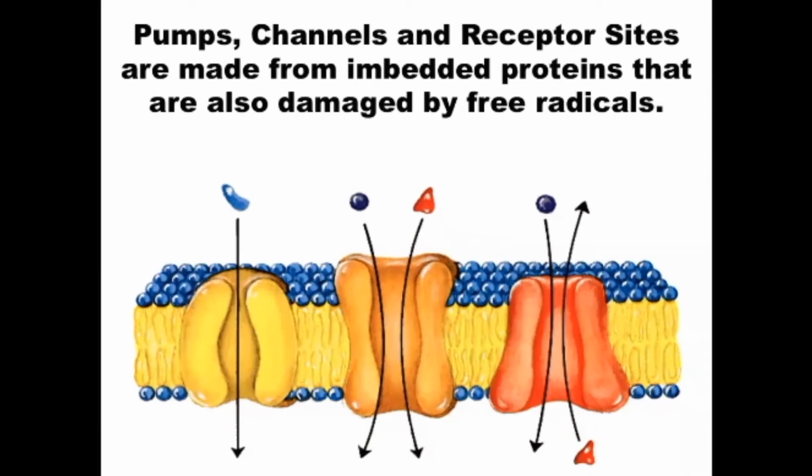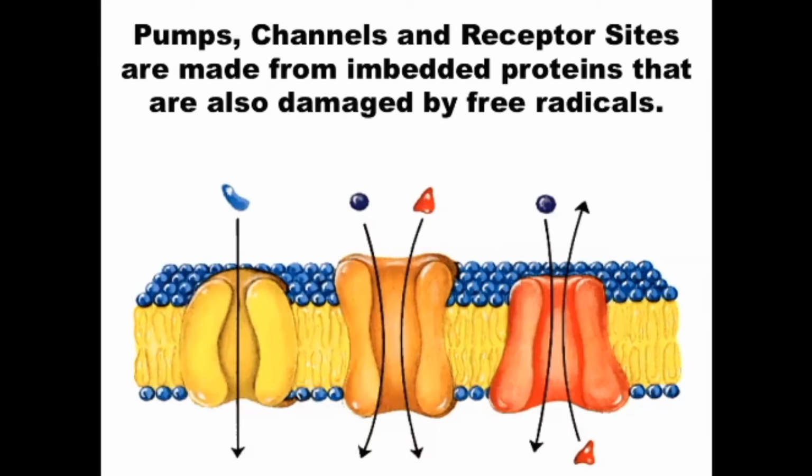And that's very important to understand, because all of these pumps and channels, and particularly the receptor sites, are like a lock and key mechanism. And so they have to fit perfectly in order to get in. To be able to get through the gate or through the channel, that has to be a perfect fit. And so, as free radicals begin to damage those proteins and they start to change shape, you're not getting enough protein in.